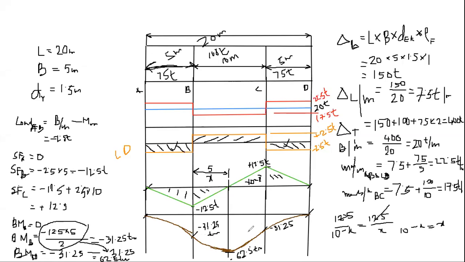It has been asked what is the maximum BM and the maximum shear force. So you can find out the maximum shear force is 12.5, at C and B, and the bending moment maximum is at the midship section, its value is 62.5. So this is the way we'll be constructing the shear force and bending moment diagram, and we'll find out what is the maximum and what is the location.